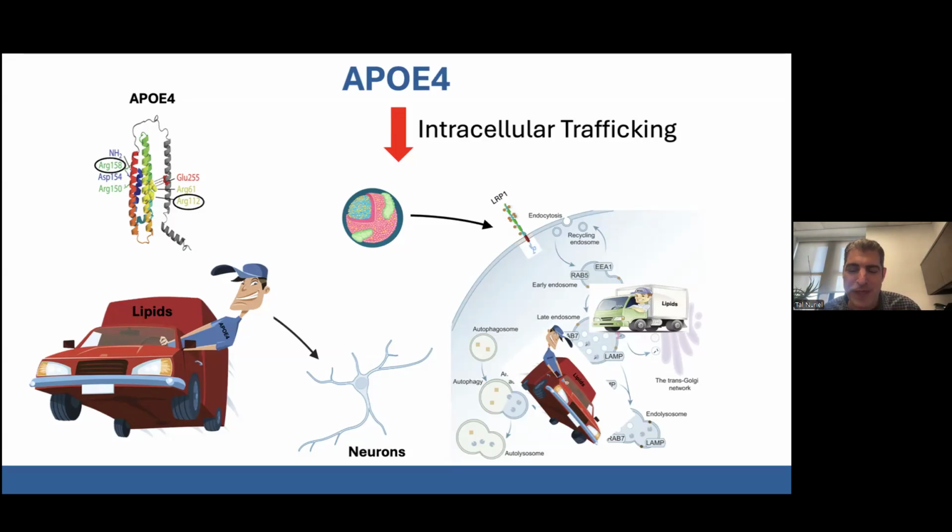So think of it as our ApoE4 guy being a little bit too social with the other ApoE4s and not unloading the truck the way it's supposed to, ending up in a part of the site that it's not supposed to. What this ends up causing is a buildup of cholesterol inside of neurons and other cell types.